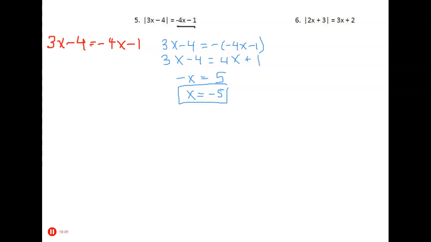And then on the left, I have 3x minus 4 equals negative 4x minus 1. So we have to add 4x. So you get 7x minus 4 equals negative 1. Add 4. So you get 7x equals 3, or x equals 3/7.